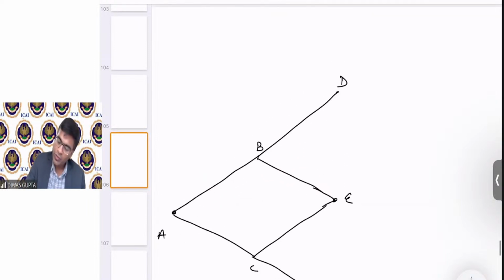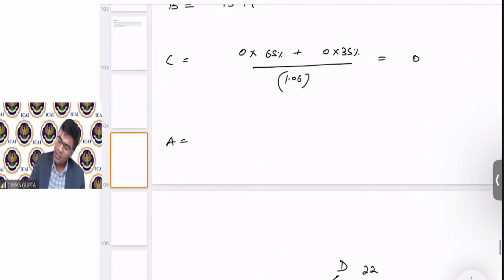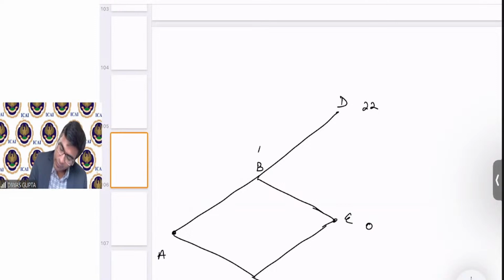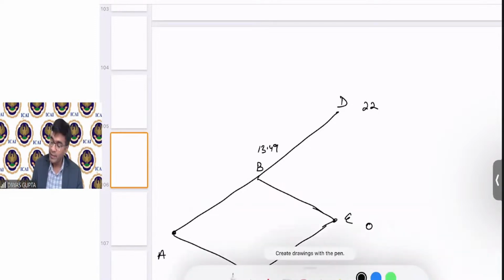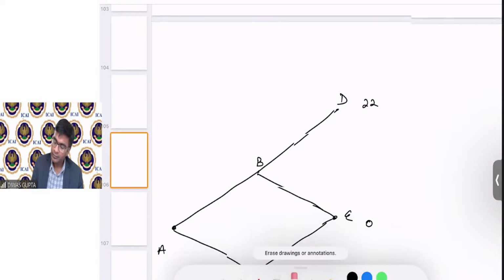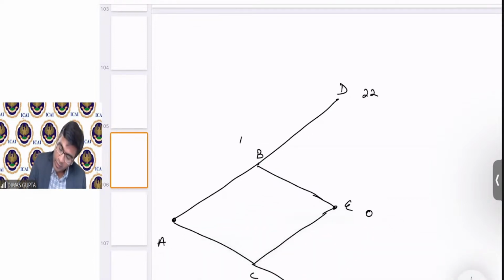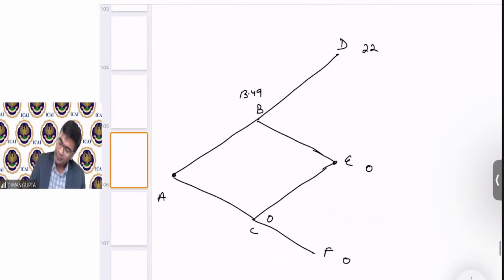So D's value was how much? 22. E's value was 0. F's value was 0. B's value was how much? 13.49. This I'm talking about the value of the call option, right? C's value became 0, correct?